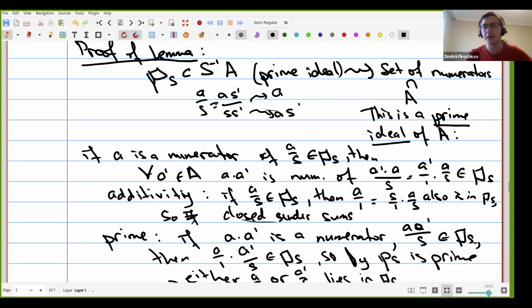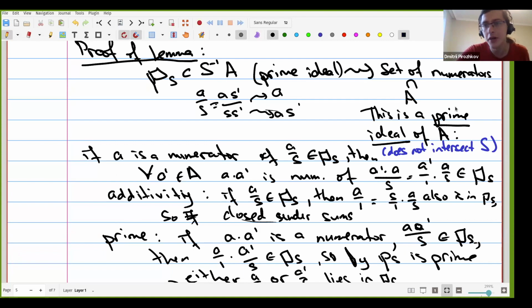And note that this is not just a prime ideal, but also it does not intersect this multiplicative subset.